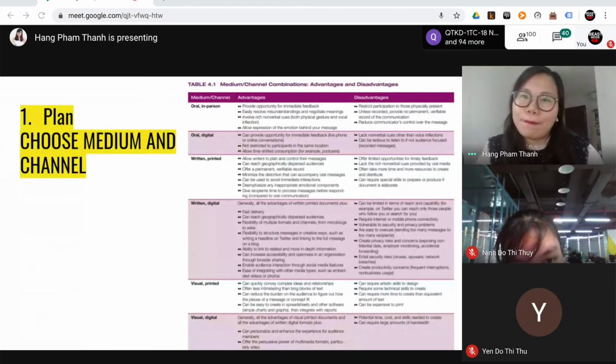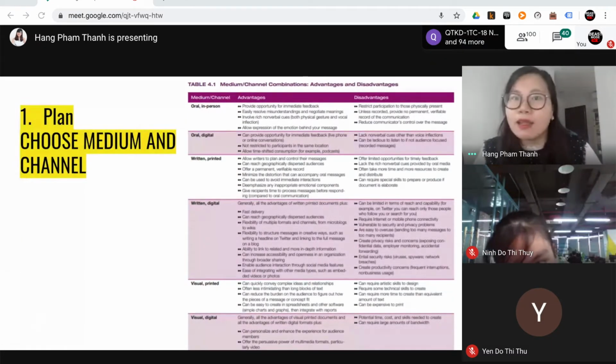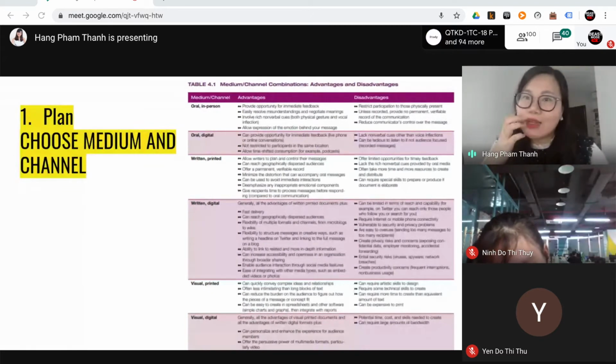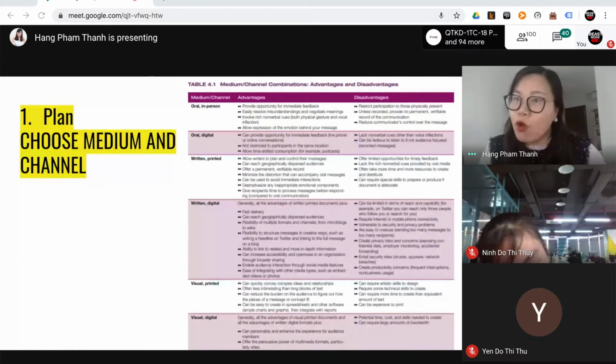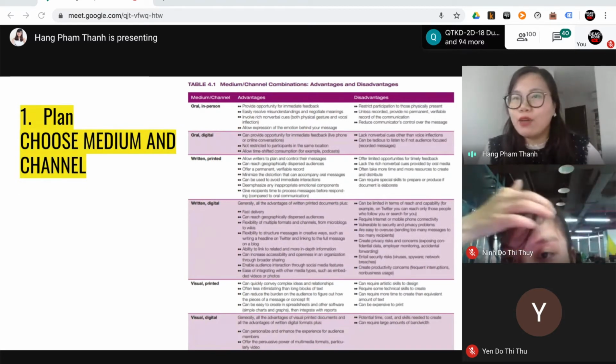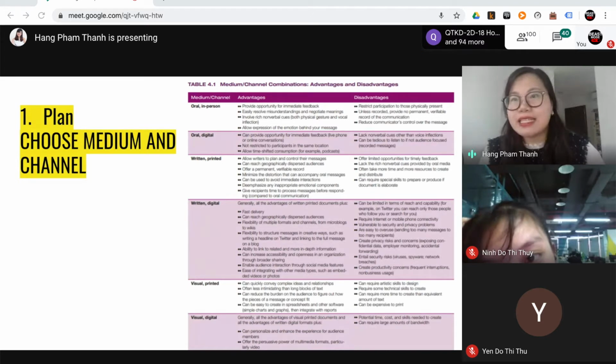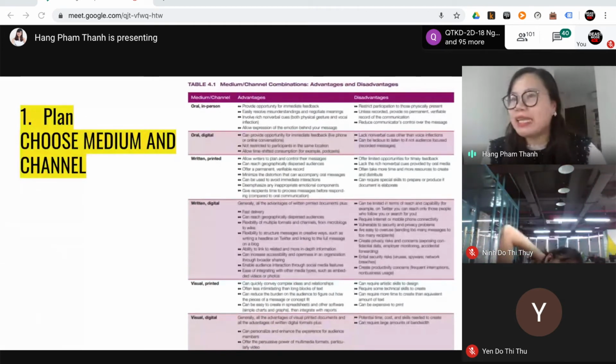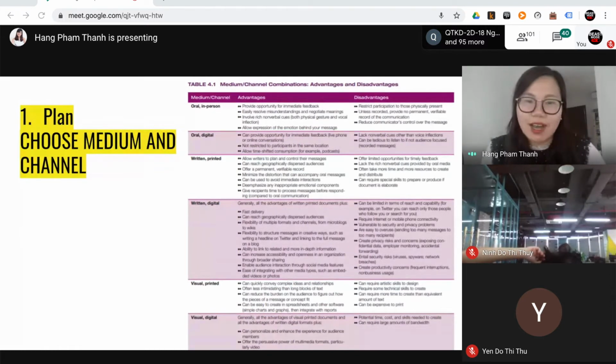But on the other hand, the oral in-person channel also has some limitations. For example, it provides no permanent and verifiable record of the communication. So, for example, you and your boyfriend had some fight last week, and you agreed on something, but then this week you reminded him, and he said, no, I didn't say that.